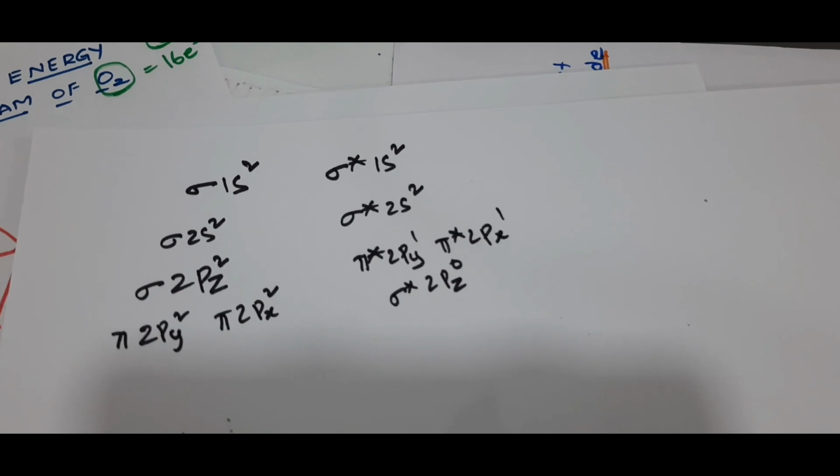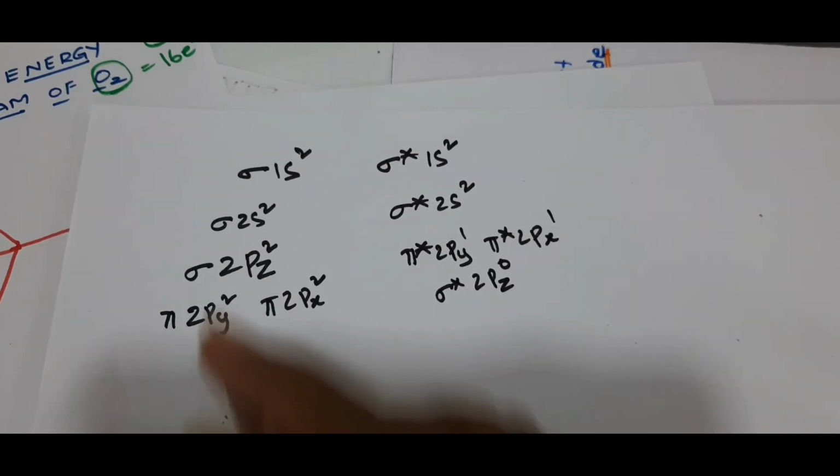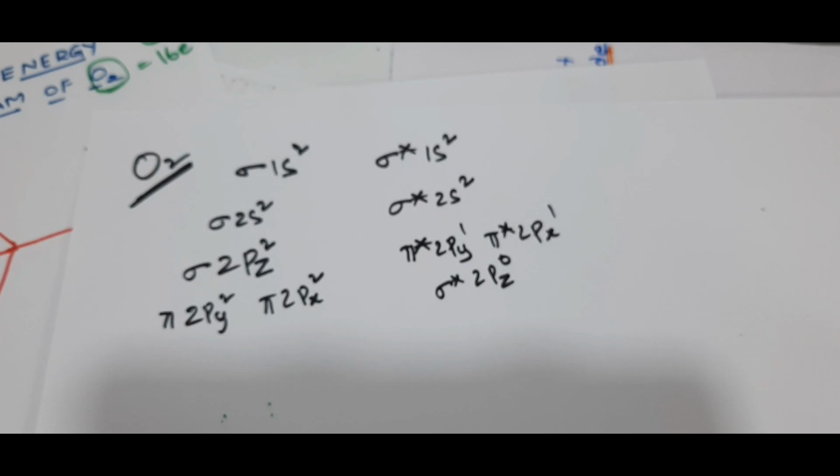This is the molecular orbital electronic configuration for the O2 molecule.